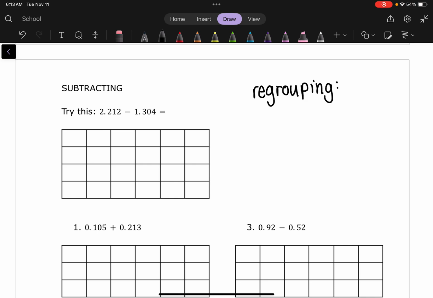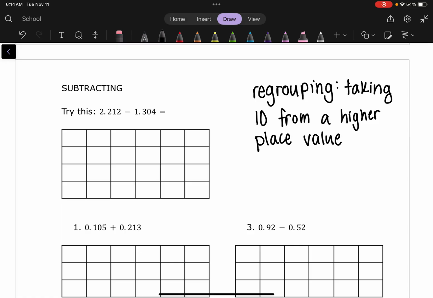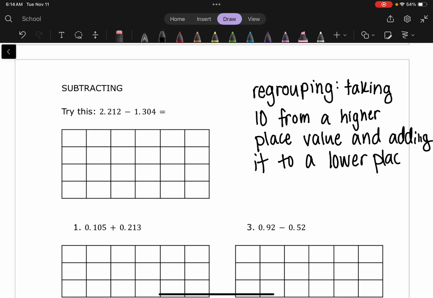Regrouping is taking 10 from a higher place value and adding it to a lower place value. That'll make more sense when we go over this problem.